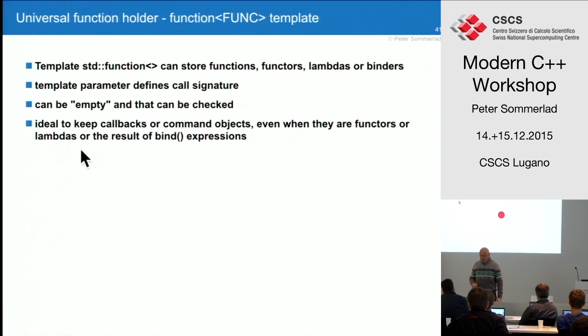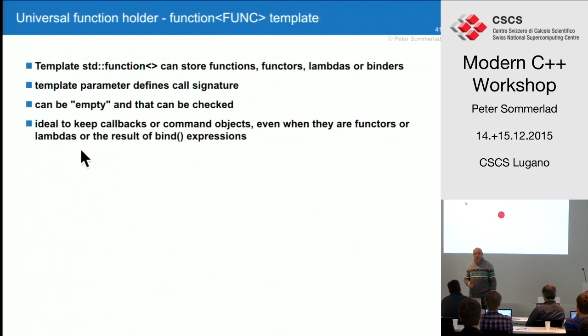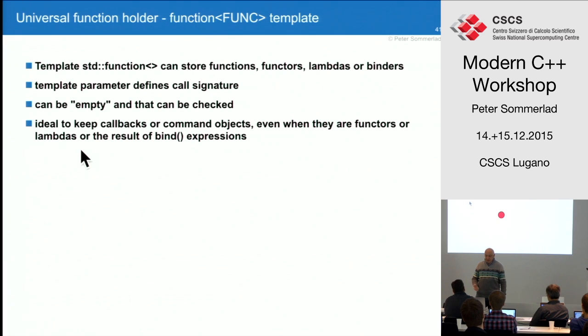That would be undefined behavior. And again, with the function object, it could be empty, and you cannot call an empty function object. Again, that would be undefined behavior, but you can check for that emptiness by comparing it against the null pointer or using it as a truth value in a conditional expression.